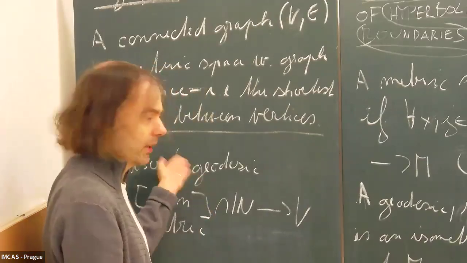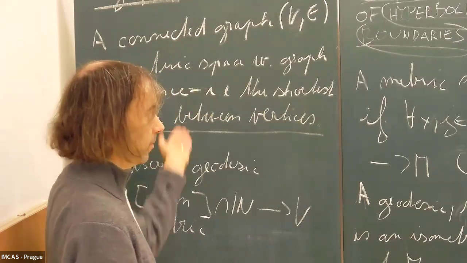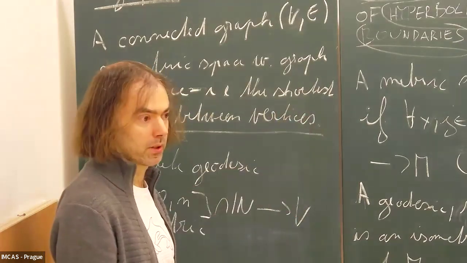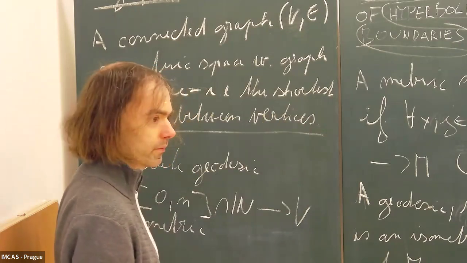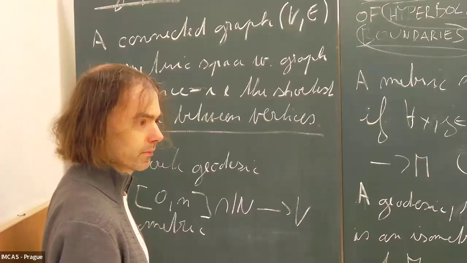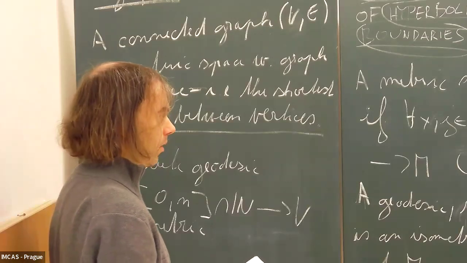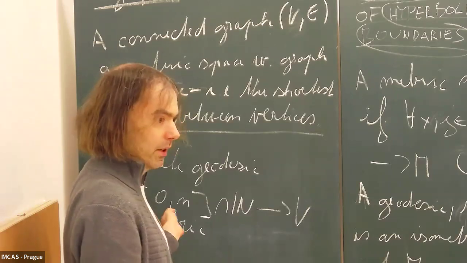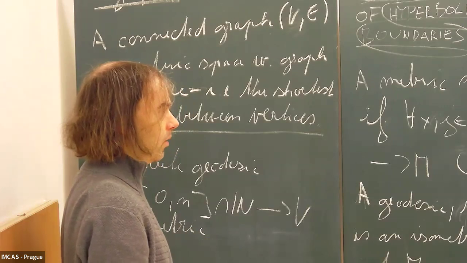So in this way, we can view every graph as a discrete geometric space, and we can get the definition of hyperbolicity in the same way. A graph can have cycles, and it can still be hyperbolic.